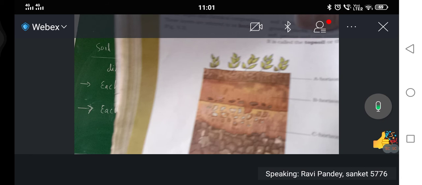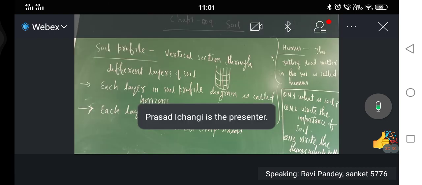These horizons are different from each other, means no layer is the same. One layer is different from another layer in terms of feel, color and chemical composition. And I will write the characteristics of each horizon. Don't worry, right now whatever I wrote there, you just note down that much.